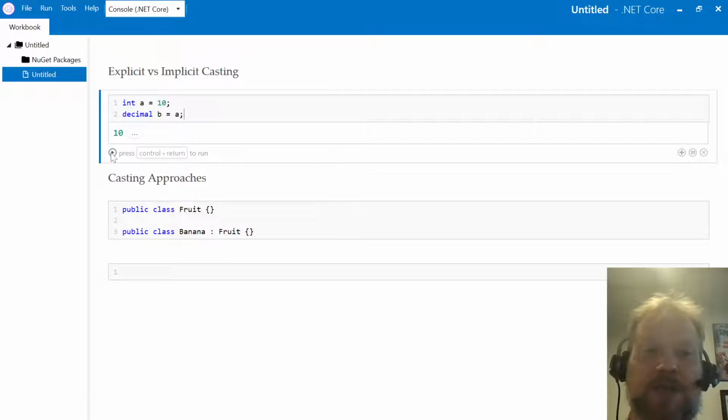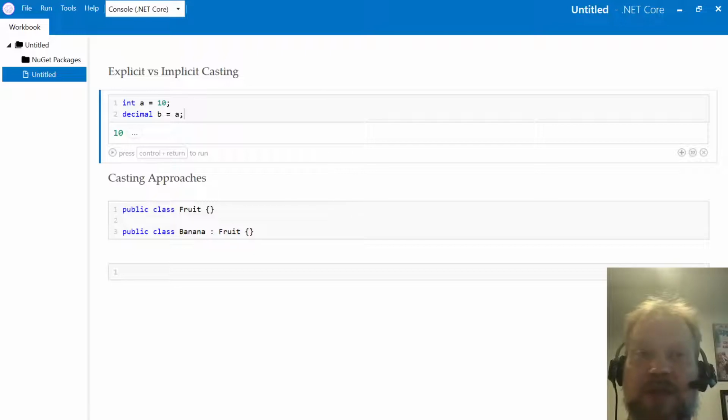I can take an integer and put it in a decimal. The reason I can do that is I'm not losing any information. I'm actually specifying that the decimal b is going to be 10.0, no different than 10, same value.